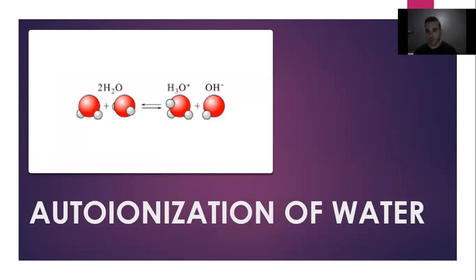This is getting into where the pH scale actually came from. So if you look at this picture, if we have pure H2O, we're going to have a little bit of autoionization happening in the water naturally.